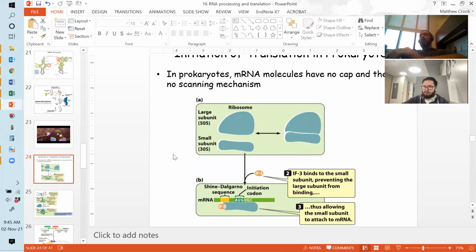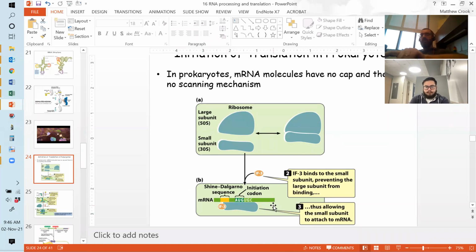So one, prokaryotic mRNA does not have a cap. Instead, as soon as the start codon, this AUG, appears from the RNA polymerase, right? So transcription and translation are very closely coupled in bacteria. It's one of their interesting quirks, I guess.